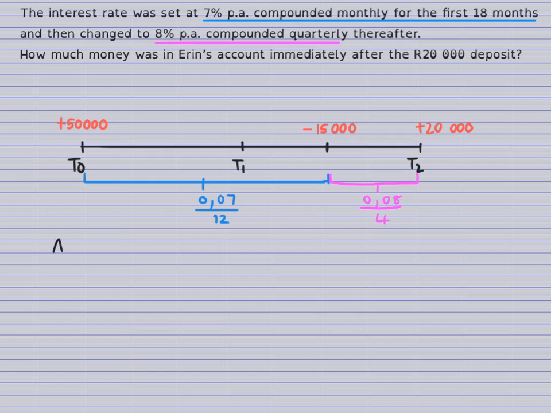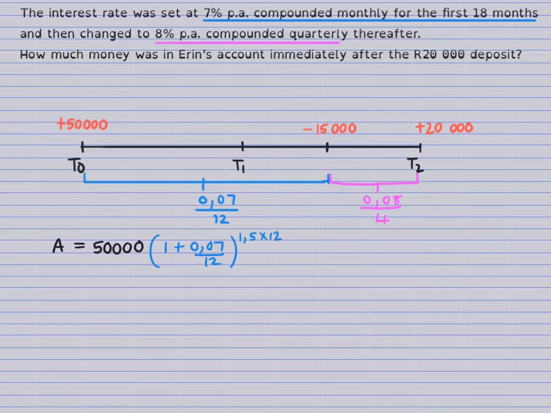Okay, so I'm going to say my accumulated amount, what I'm going to have at the end, will be the 50,000 Rand earning interest at 7% compounded monthly for 18 months. So 18 months we know is 1.5 years, which we times by 12.